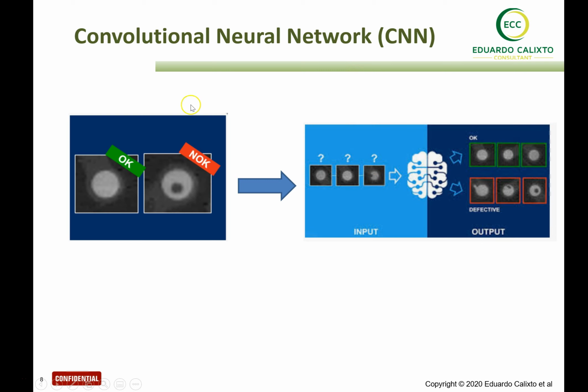Basically, in a process line we can have a camera that takes pictures of some equipment, and based on this picture, here a radiography picture, we can see the one that is defected.